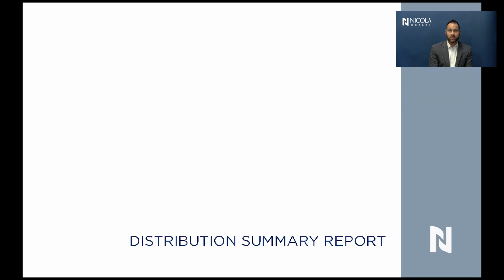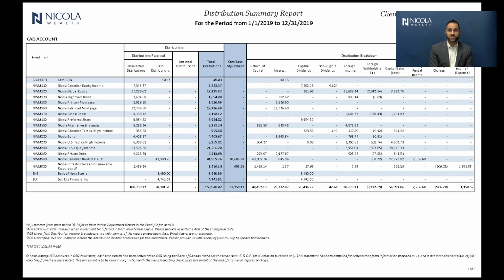The next report is the distribution summary. This report shows distributions, whether taxable or not taxable, and allocated income from your investments. Each distribution is classified based on its characteristic and will correspond to a box on your tax slip.